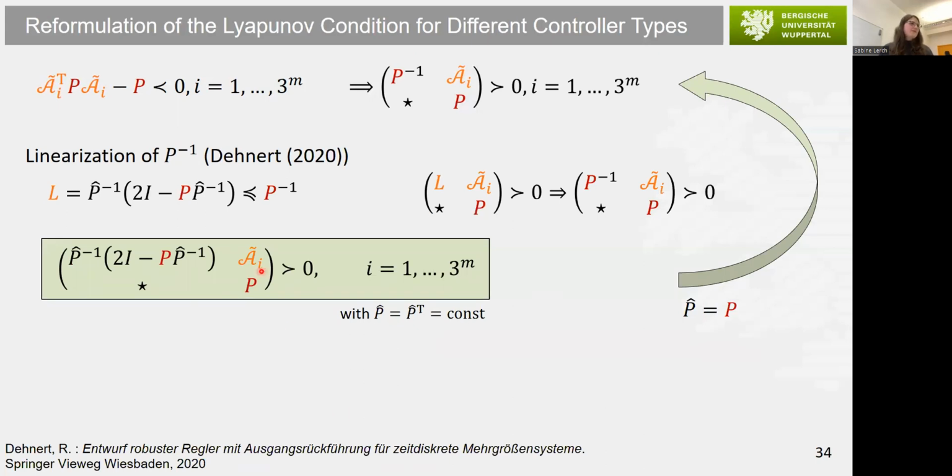And the main aspect of it is that this linearization of the inverse of P with a constant matrix P hat is always smaller or equal than the real inverse. So this means if we would solve this LMI, then this inequality is always guaranteed. So we can use it here. We get these LMI conditions. And when P hat equals P, then we would even come back to this original inequality.